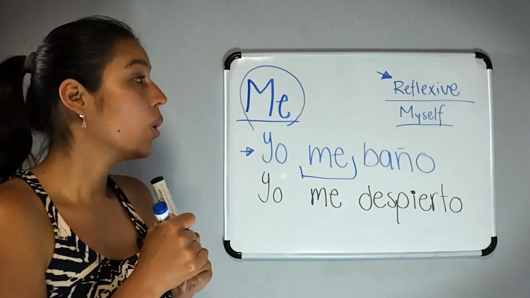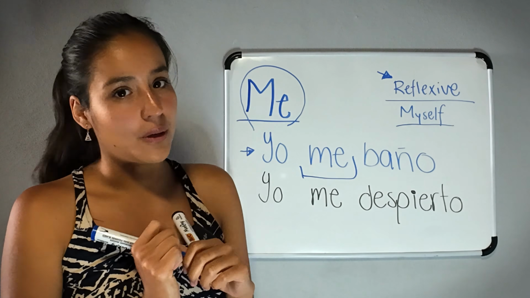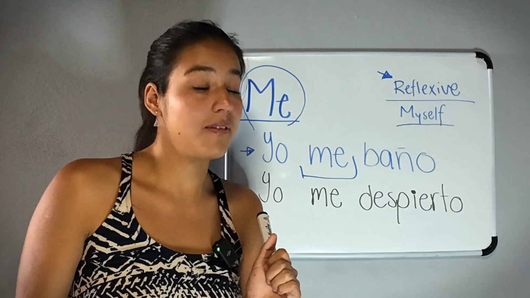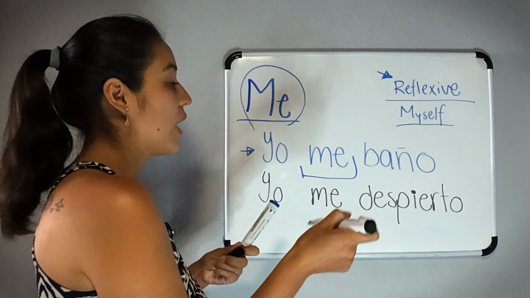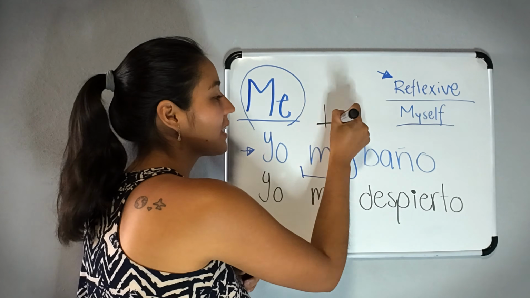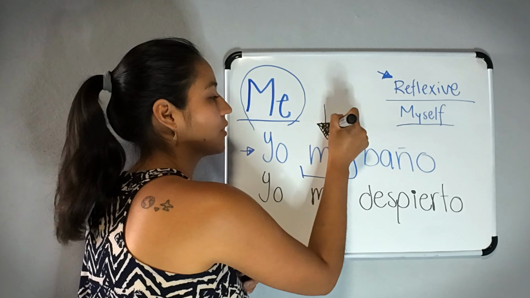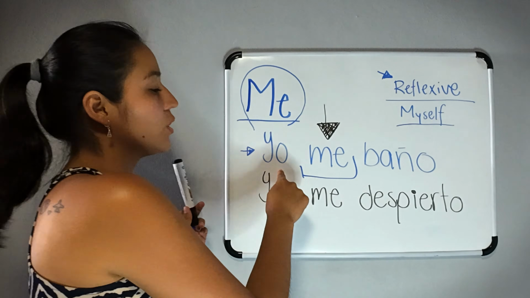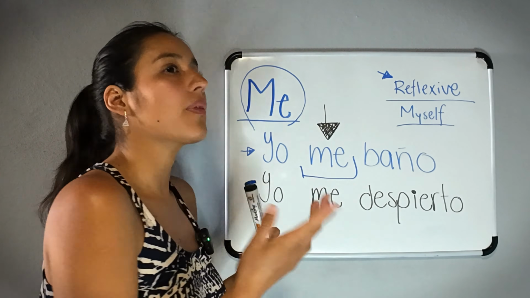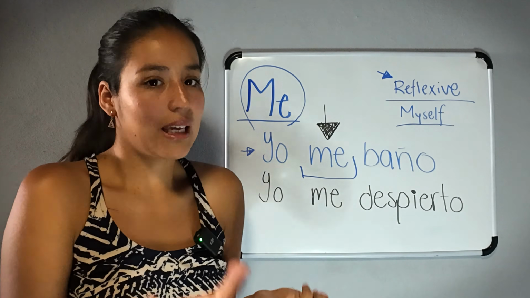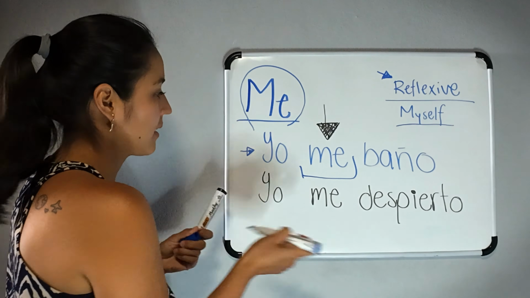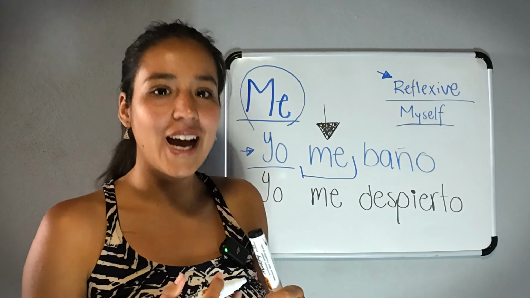So when we use this pronoun as reflexive, we're saying that this is going to let us know who is receiving the action, okay? So, yo me baño. And this one is pretty easy because, of course, I am doing the action, okay?